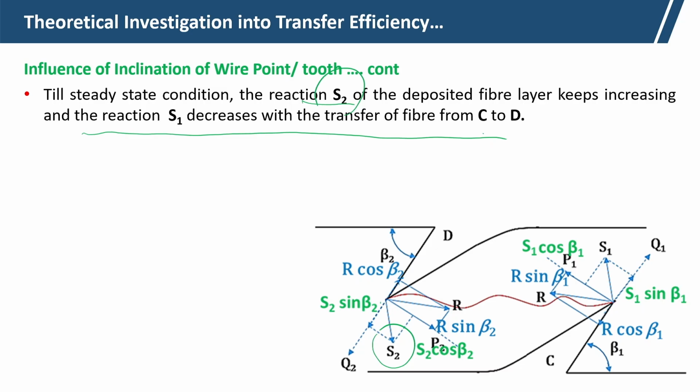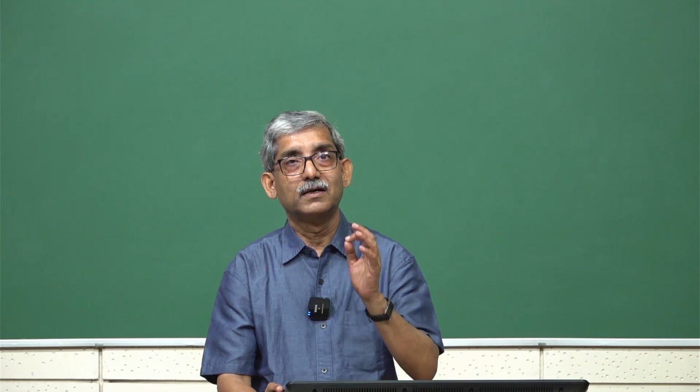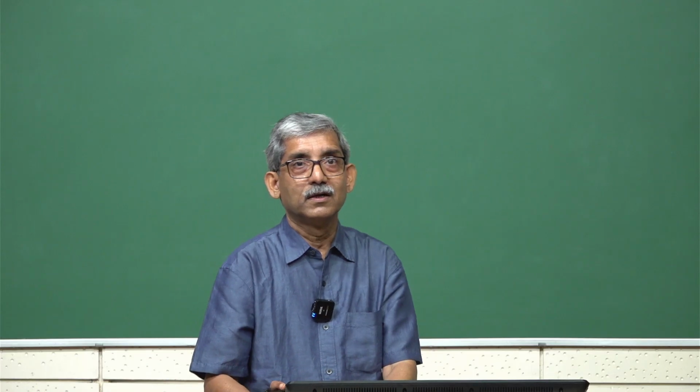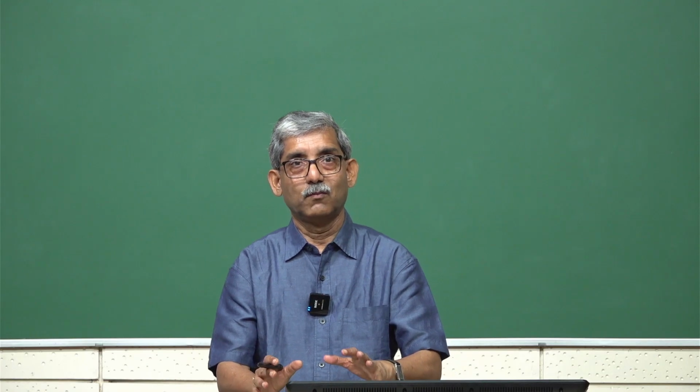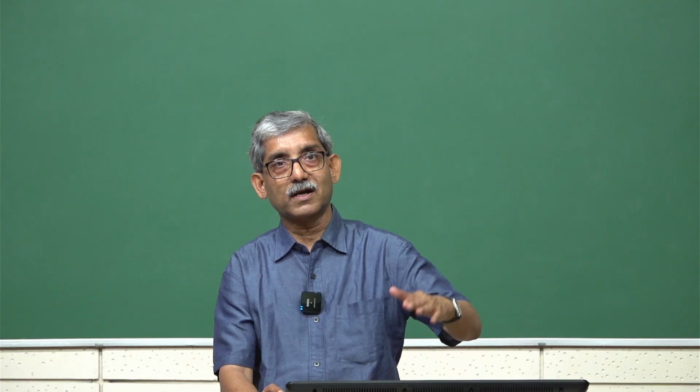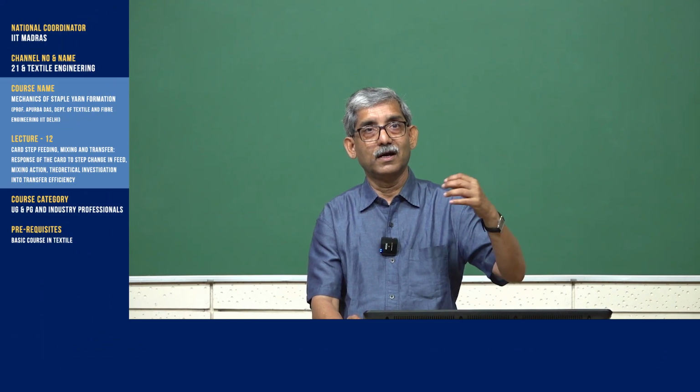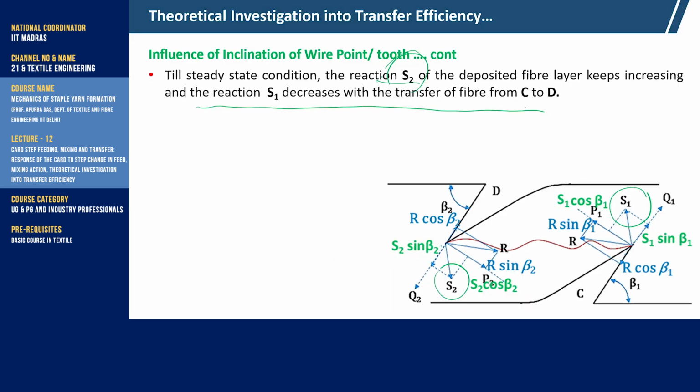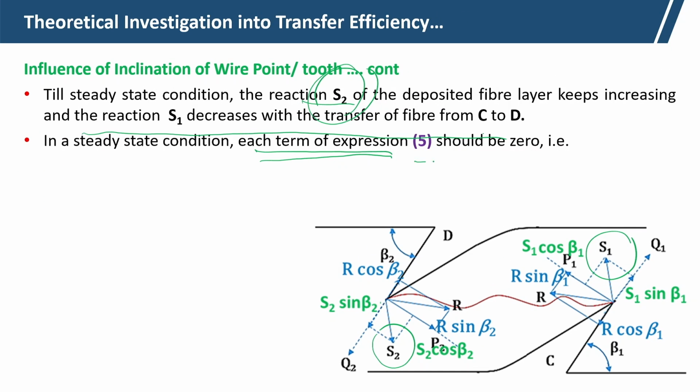That means, initially the reaction force was high on the cylinder because of the fiber load, more fiber load, but during the transition, till the steady state condition, S1 is decreasing and S2 increasing. In steady state condition, each term expressed in equation 5 earlier should be 0.